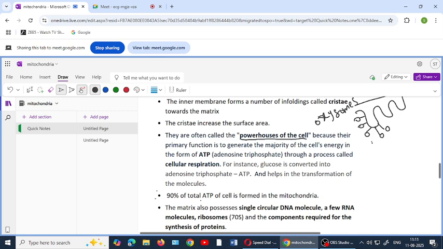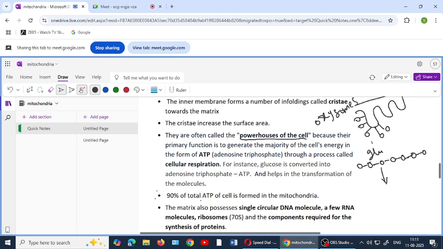Large organic molecules, for example glucose. I will draw a small picture like this. It's a bond and molecules, bonded in a long chain. Suppose this is glucose. What happens?